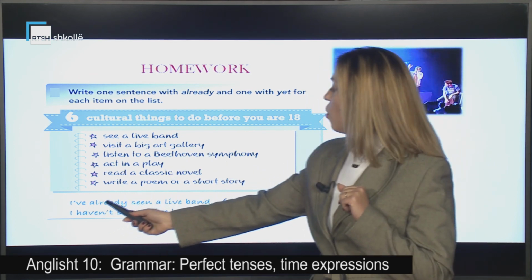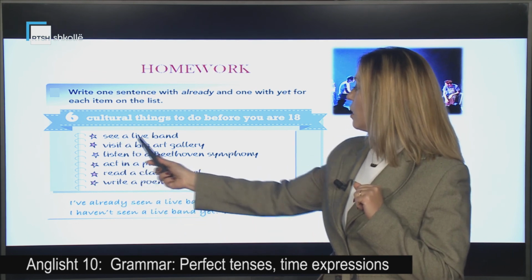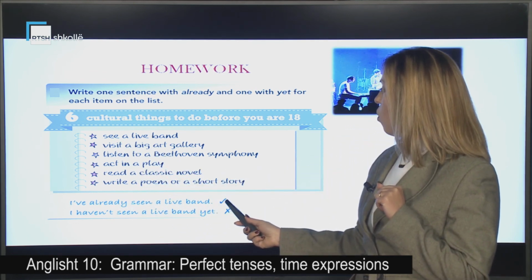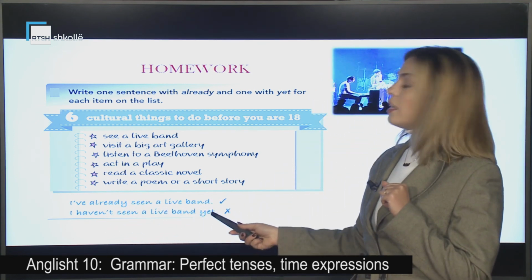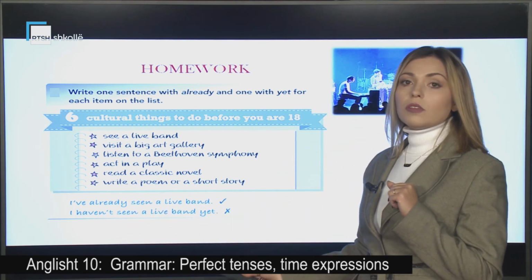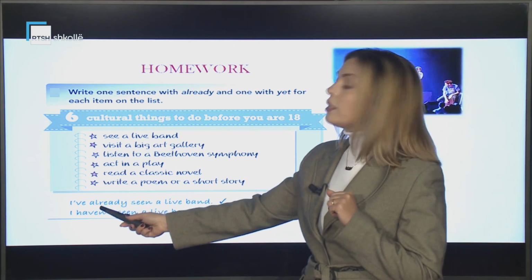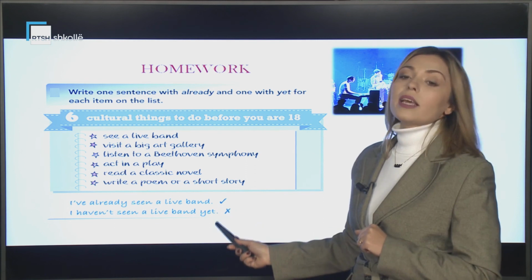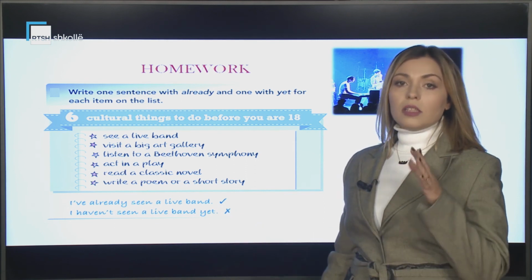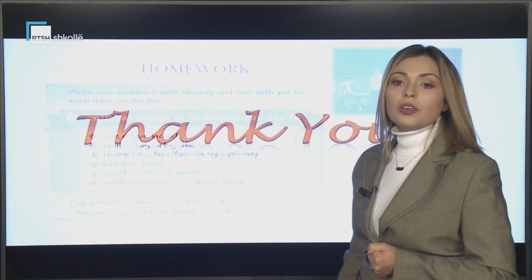I have already seen a live band, or I haven't seen a live band yet. So in the positive sentence, you use already, and in the negative sentence, you use yet. Be careful with that. Take a look at the example, and I'm sure you're going to do that very easily.